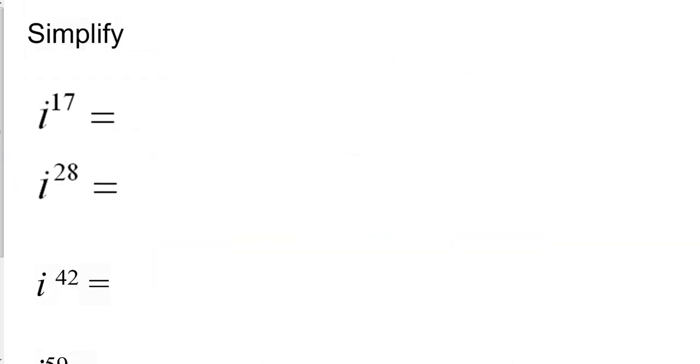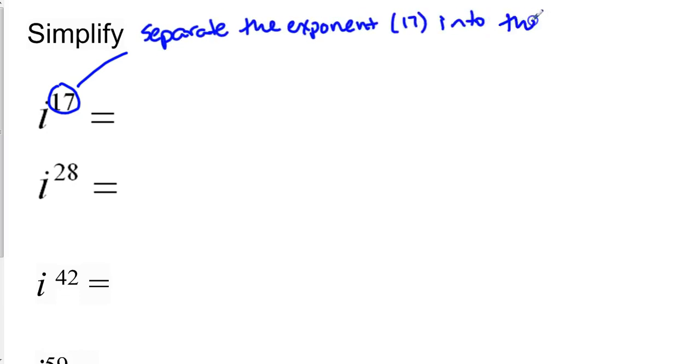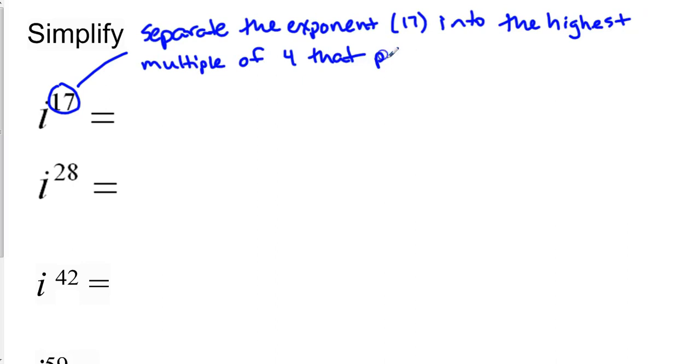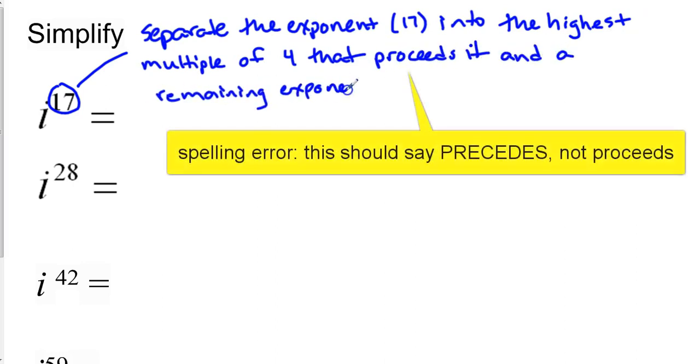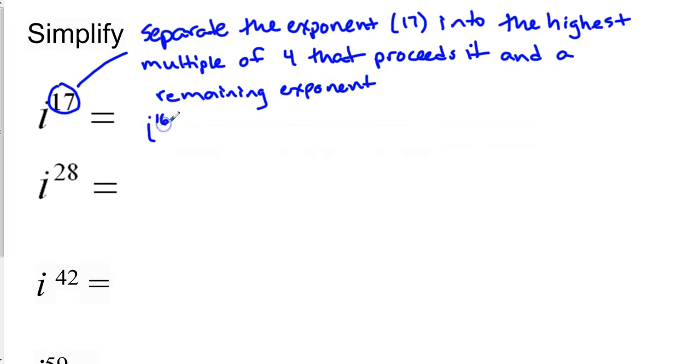So let's generalize. In general, if we have an exponent like 17, we're going to separate the exponent, 17, into the highest multiple of 4 that precedes it, and a remaining exponent. So we'll write that out. Okay, so I'm going to write this as i to the 16th times i to the 1st.